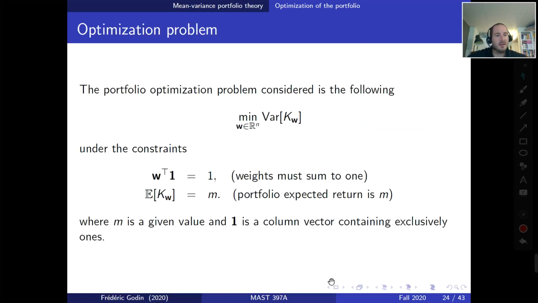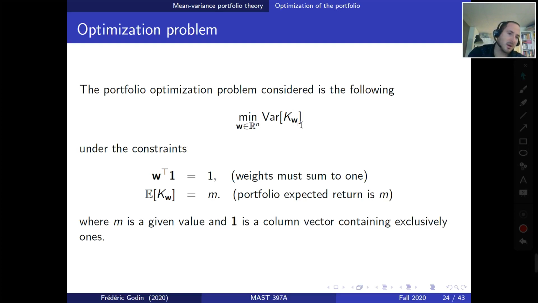Now we're ready to pose the mathematical problem which we're going to solve. The portfolio optimization problem which we propose is the following. We want to find across all possible portfolios, represented by all possible weight vectors which are in R^n, so for each asset there's an associated weight, the one that minimizes the variance of the portfolio return.